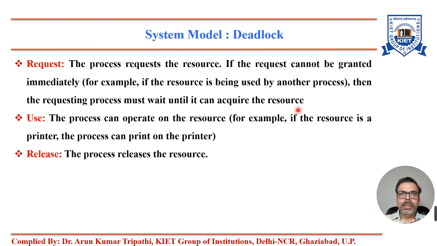For example, if the printer is busy printing something, the requesting process must wait. Once it is allocated, the process can operate the resource, for example print on the printer, and then after that it will release, or return, the resource to the system so that another process can use it.